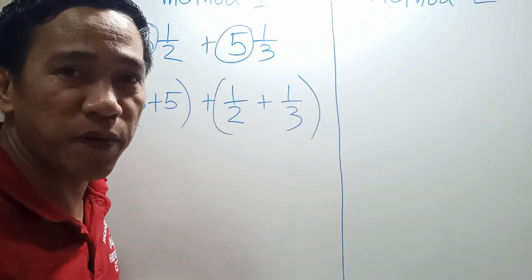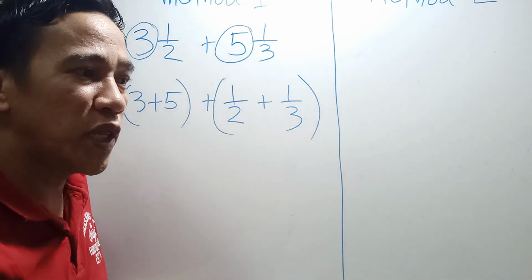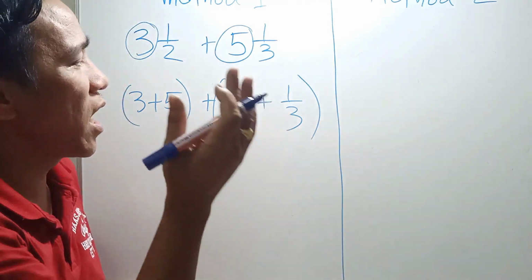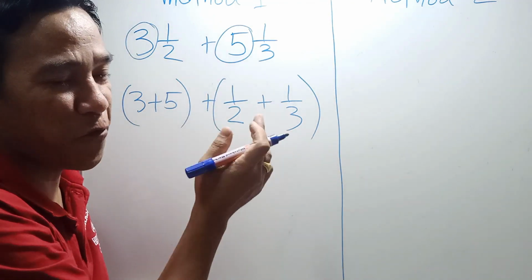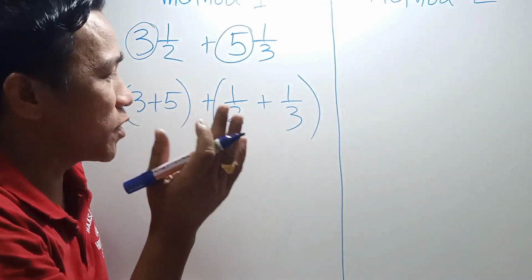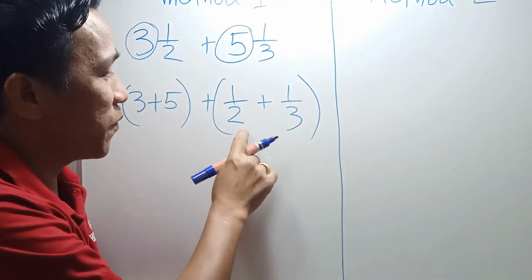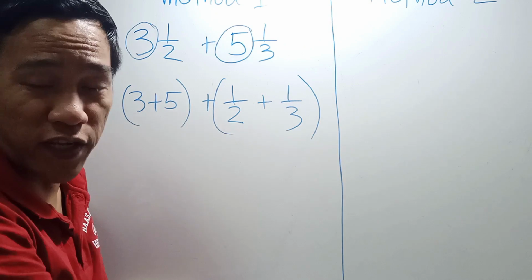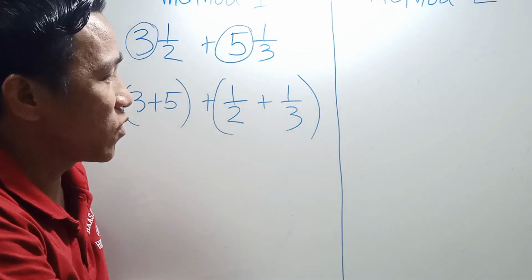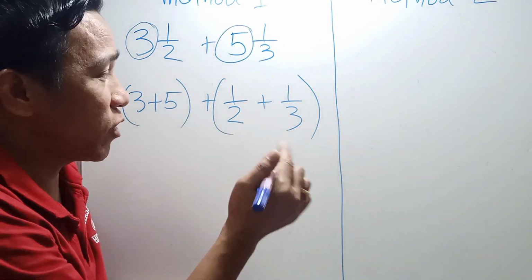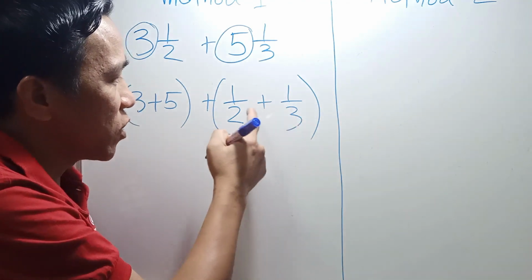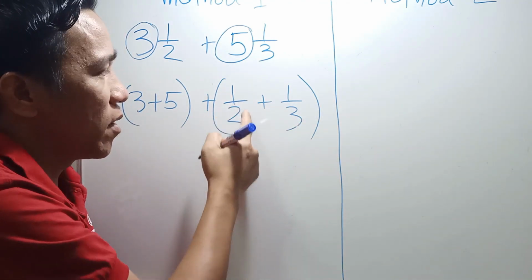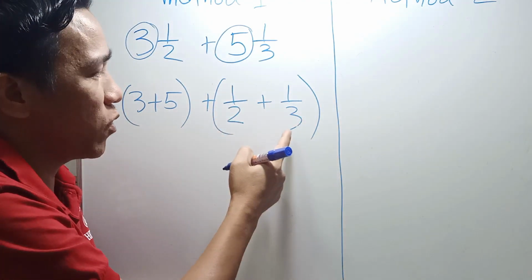So again, in my previous video, we learned how to add fractions with different denominators. Do you still remember? Okay, so of course. All you have to do is use this 3 to multiply both the numerator and denominator here.